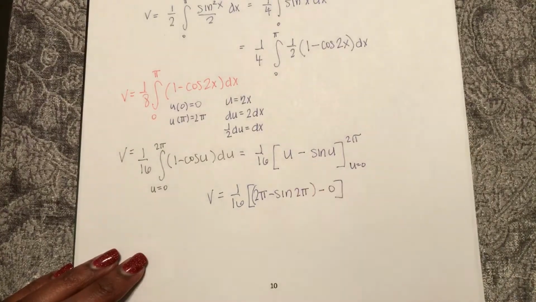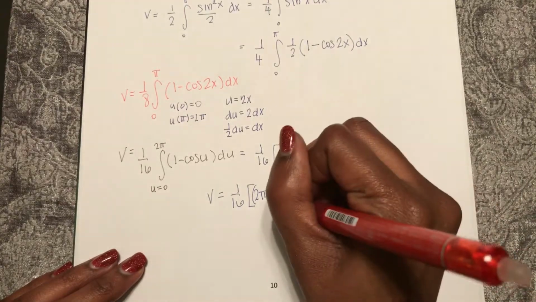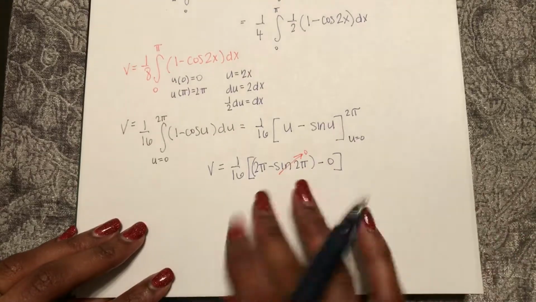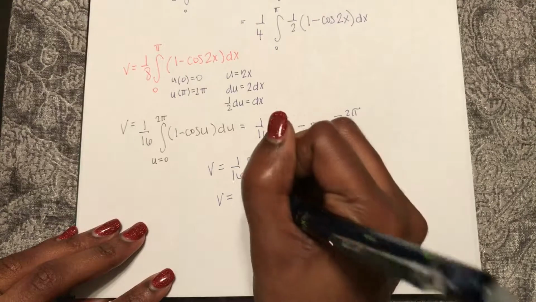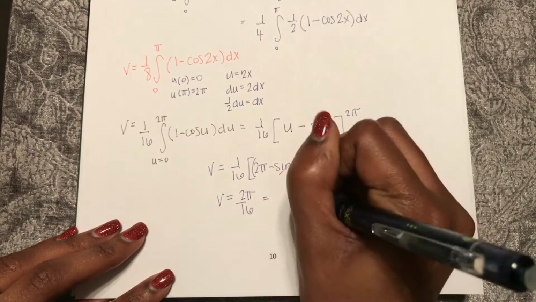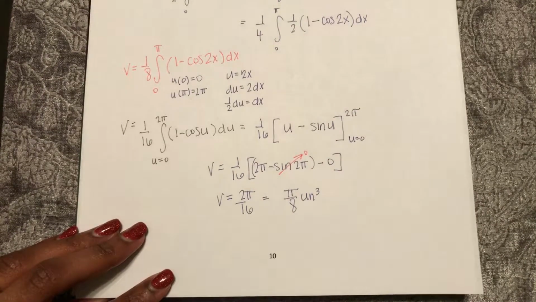Because if I plug in 0 into either of these, it cancels out. So I know that sine of 2 pi is 0. So my final answer is 1/16 times 2 pi. So that's 2 pi over 16, or pi over 8 units cubed.